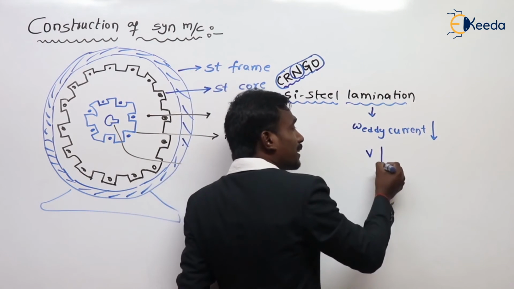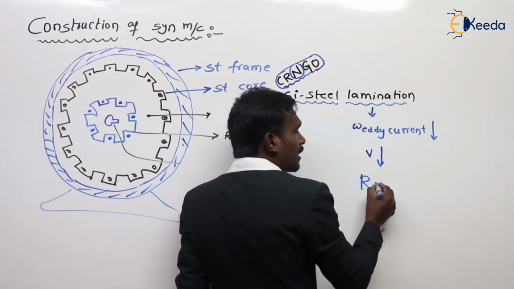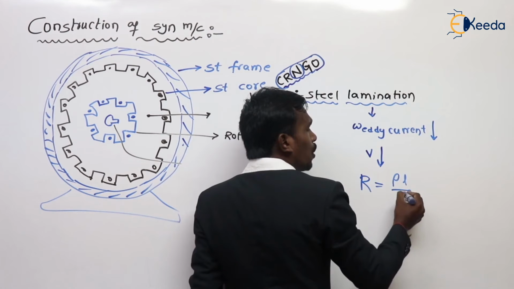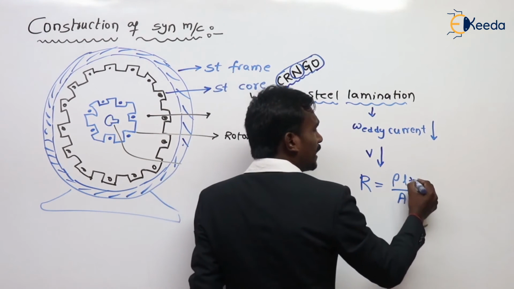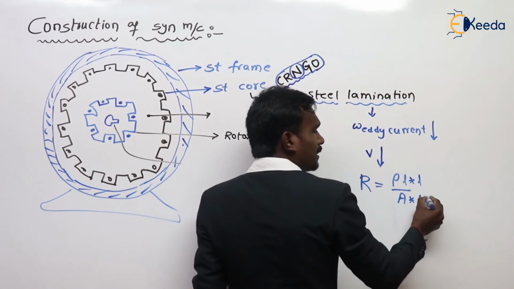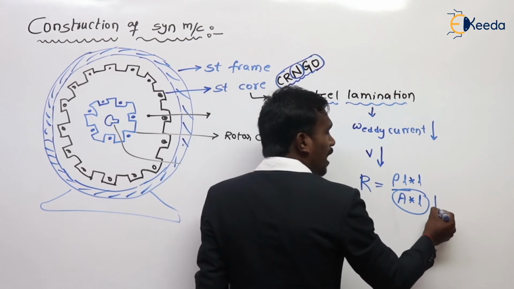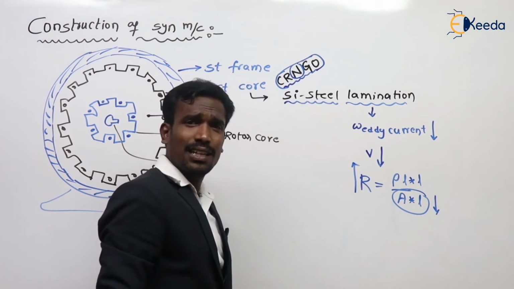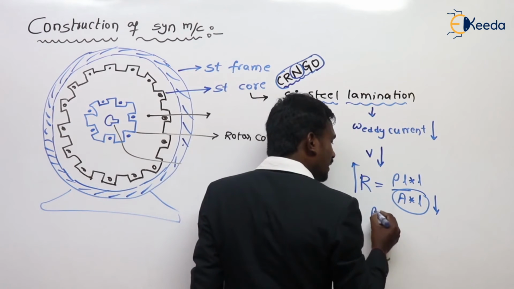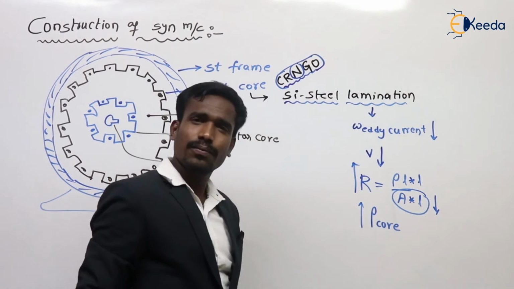of the core decreases. We know that R equals rho L upon A. If it is multiplied with length, this is area into length, nothing but volume. If volume reduces, resistance increases, nothing but the resistivity of the core material increases.